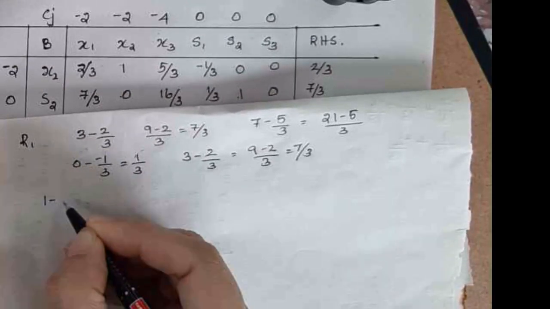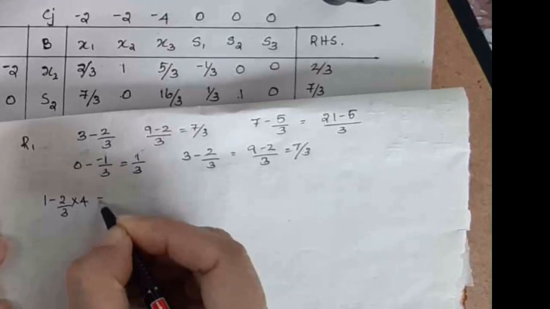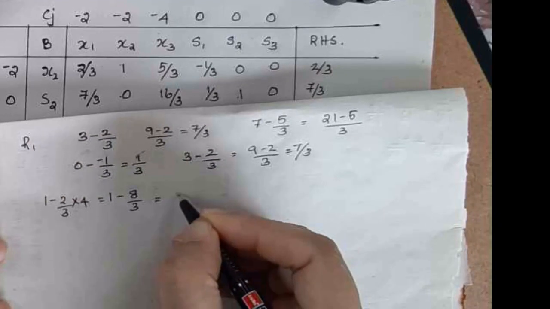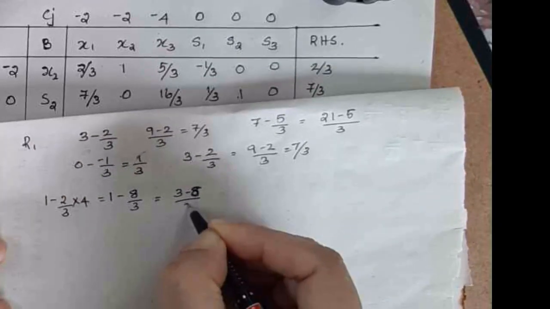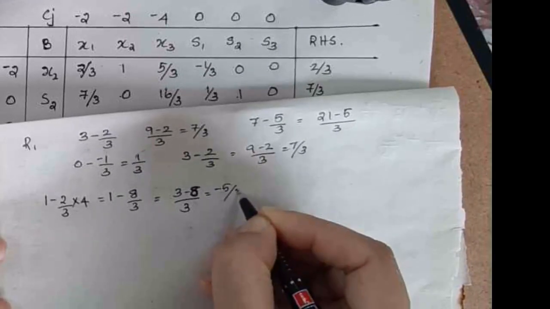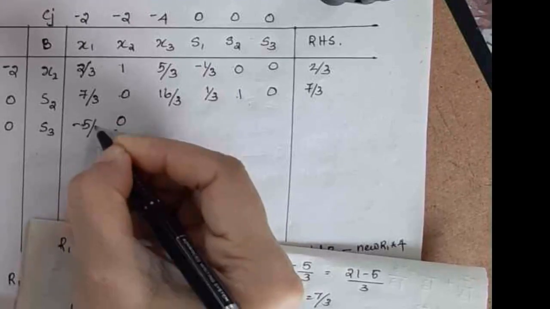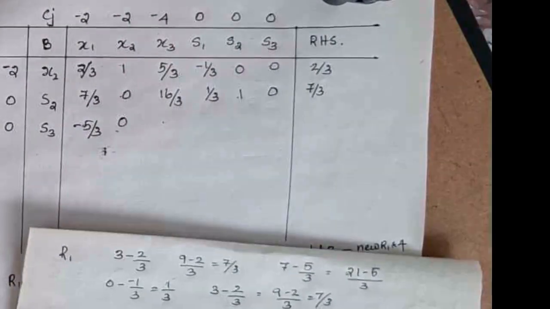1 minus 2 by 3 into 4, which is equal to 1 minus 8 by 3, which is equal to 3 minus 8 by 3, which is equal to minus 5 by 3. So you get here minus 5 by 3. Now corresponding to this, the old one was 6.